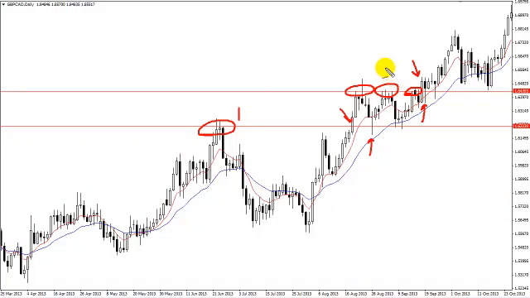So anytime you have 3 touches, it's going to be a stronger level than just 1 touch. So although this was a valid trade setup, you can see that price did retest this level once again before breaking through, whereas up here, as soon as we broke through this 3 touch level, we took off for about 300 pips.